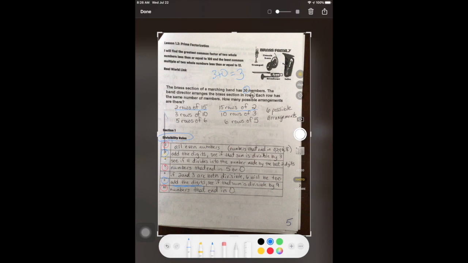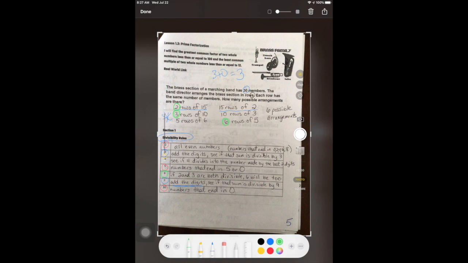So in this example, I can't make 9 rows of anything, okay? Now, the 6 rule: if 2 and 3 are both divisible, then 6 will be also. So if you look here, in my number 30, 2 is a factor of 30, 3 is a factor of 30, so I know 6 will also be a factor of 30, okay?